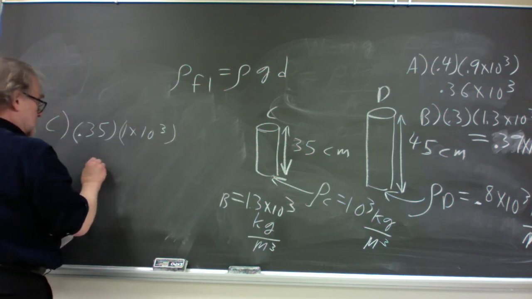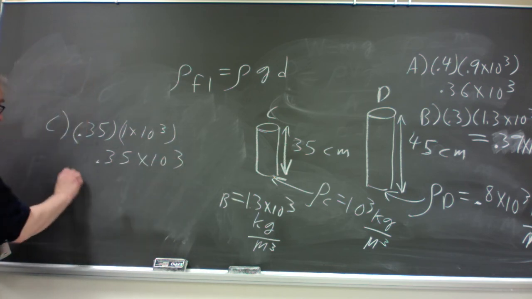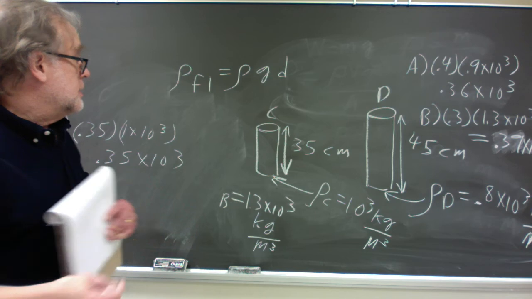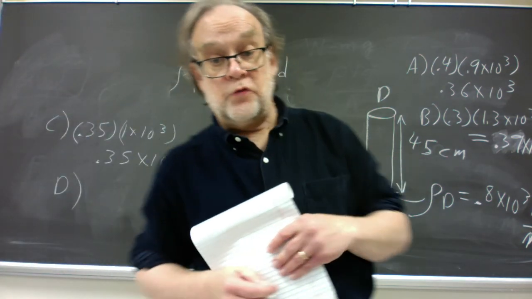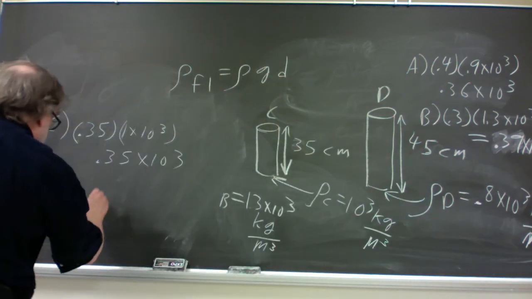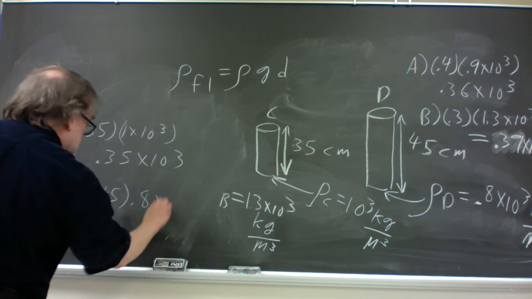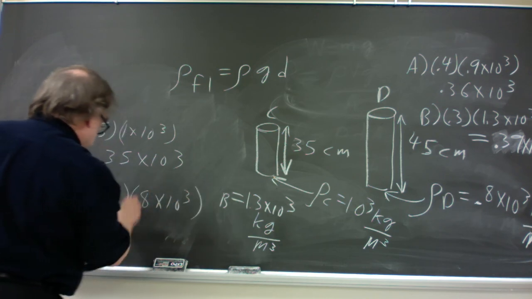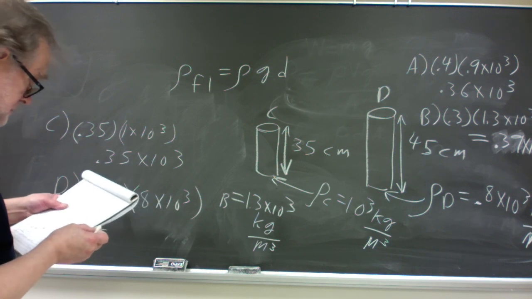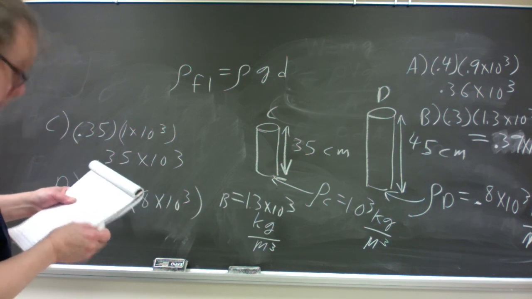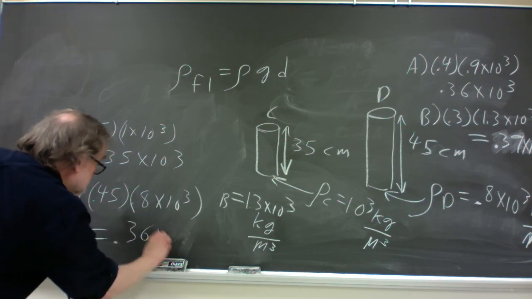So that gives us 0.35 times 10 to the 3. And then D, the product of density and depth, is 0.8 times 10 to the 3 times 0.45 meters. So 0.45 meters times 0.8 times 10 to the 3 gives us again 0.36 times 10 to the 3.